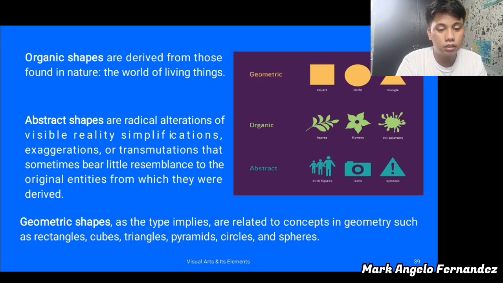Sunod naman is geometric shapes. Geometric shapes, as the name implies, are related to concepts in geometry such as rectangles, cubes, triangles, pyramids, circles, and spheres. Ang geometric shape is yung mga basic nating shape.